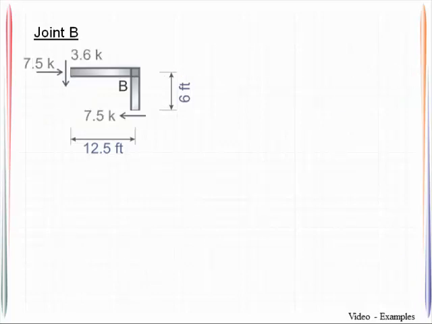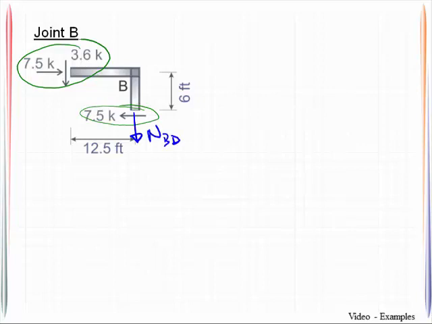Once I get that information, I can then go over to joint B. You'll notice on this free body diagram I've taken whatever my knowns were and have translated them over. So this came from my previous analysis, and this came from the assignment of shears into the columns. So that really left me with one unknown on this, NBD.